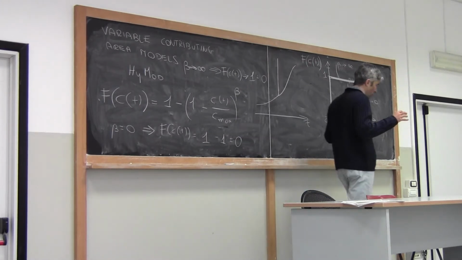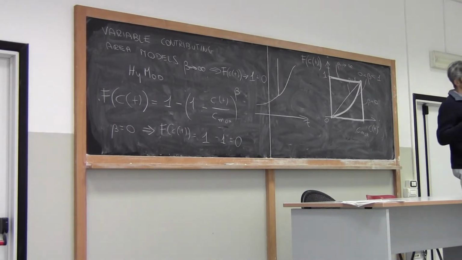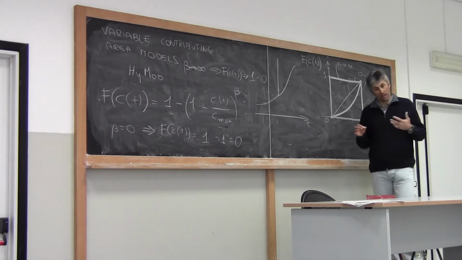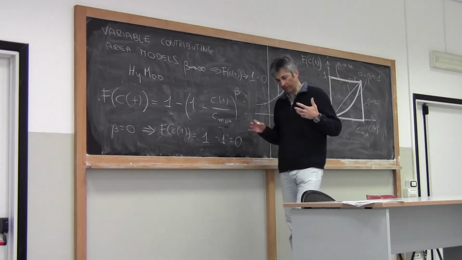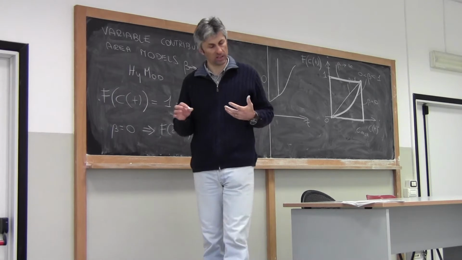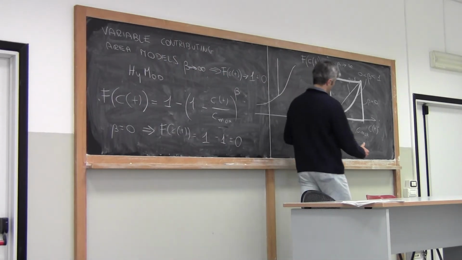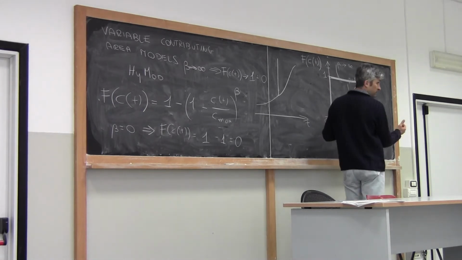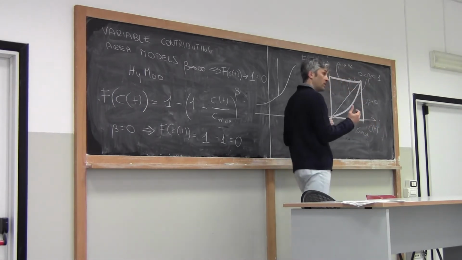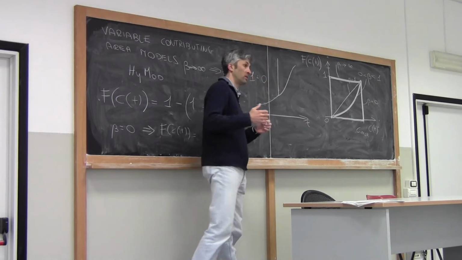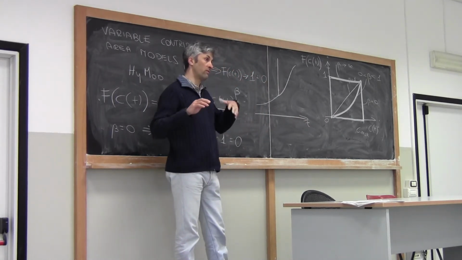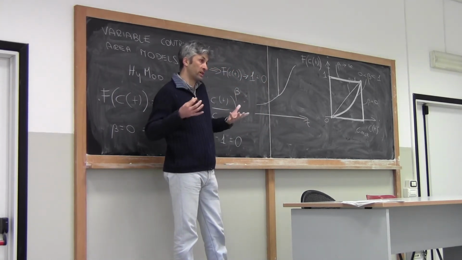So, how can we compute then river discharge? Basically, what we have to do is to compare the value of Ct with the volume of water that is stored in the catchment.